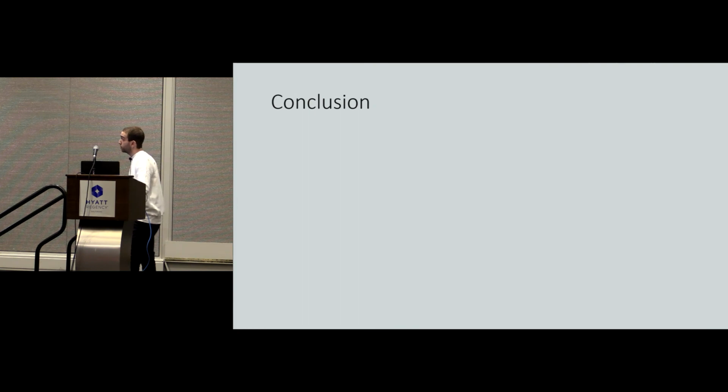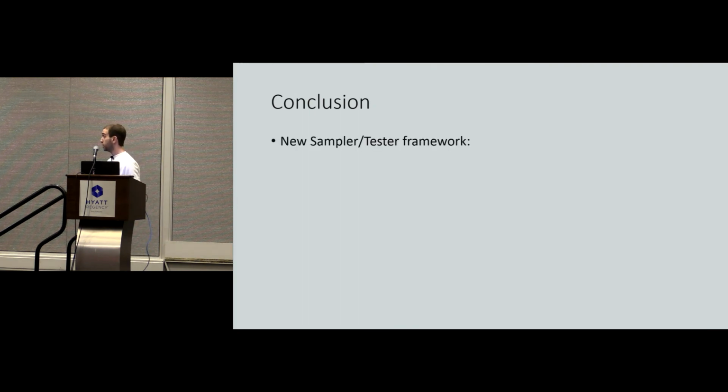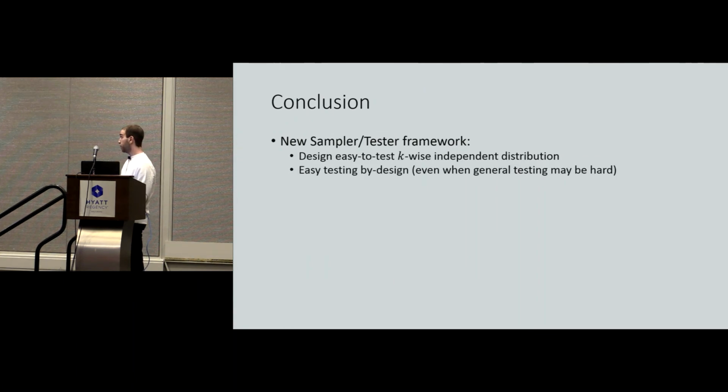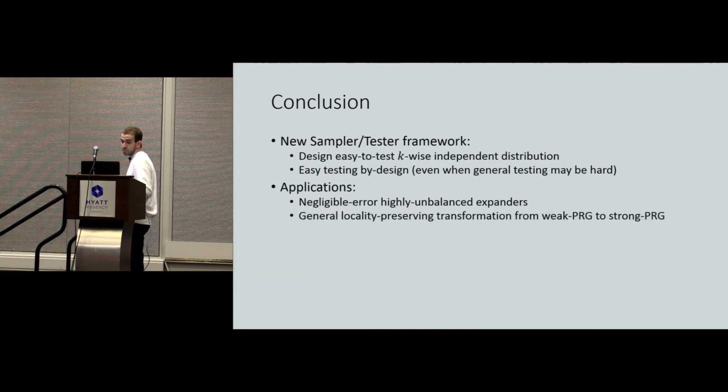OK, so to conclude, we've seen the sampler-tester framework. We designed an easy-to-test k-wise independent distribution, which allows testing, even though in the general case, testing may be hard. We've seen the negligible-error construction of unbalanced expanders. And we've seen a transformation that preserves locality from a weak PRG to a strong PRG.